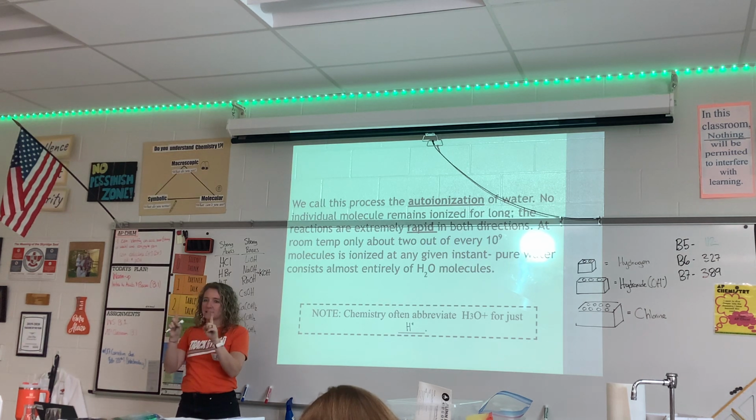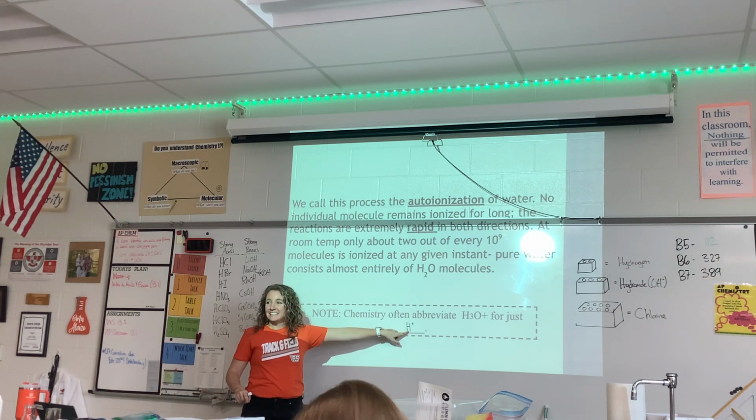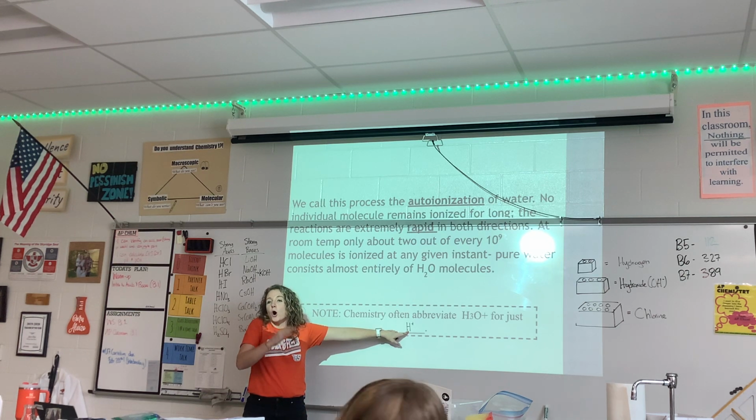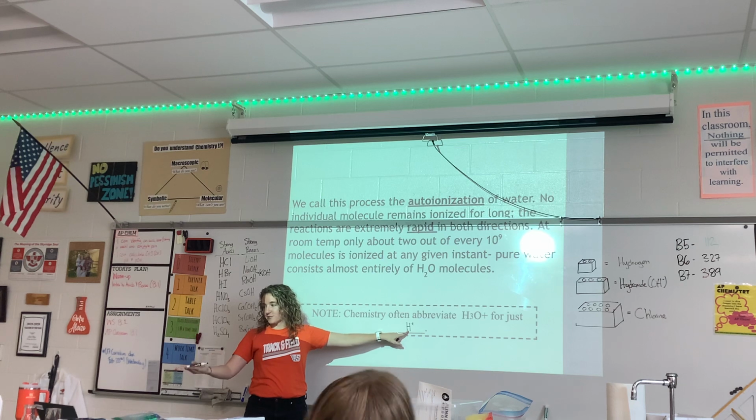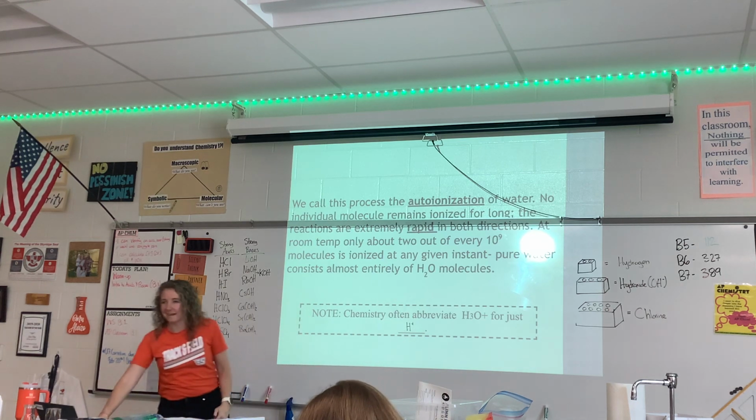So keep in mind, we're going to start seeing that being interchangeable here in a second. This is technically never going to exist. It's always going to bond with water and become H3O plus. It's never just going to float by itself. But for simplicity, we write it that way.